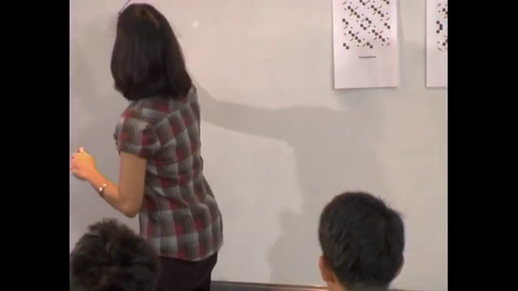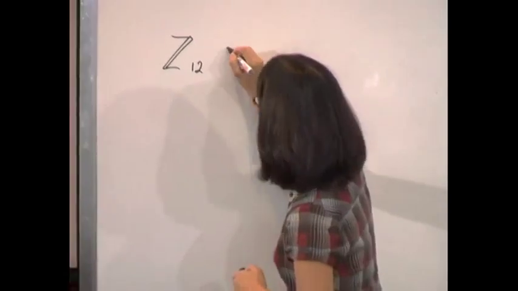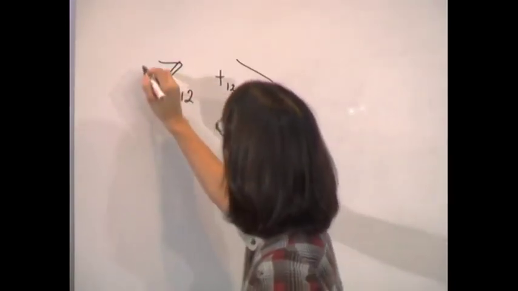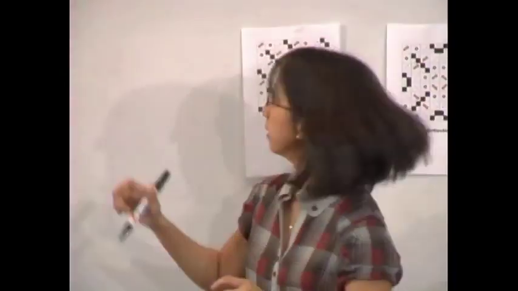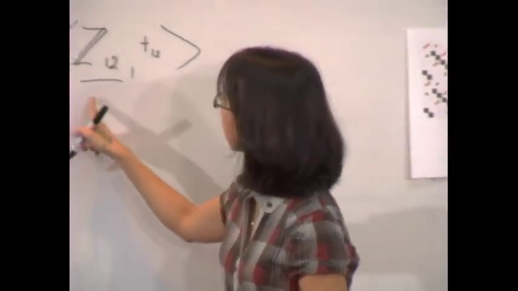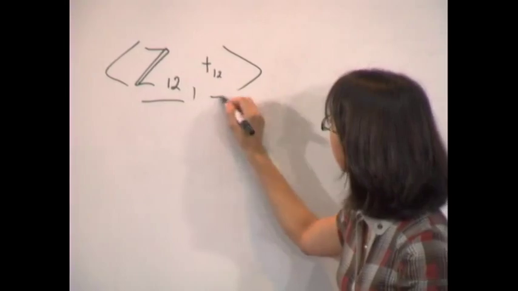Okay. Our set Z12 together with the operation addition modulo 12 forms a group. Why? Because we're talking about a non-empty set, right? So it has the elements 0 to 11. And we are talking also about a binary operation.